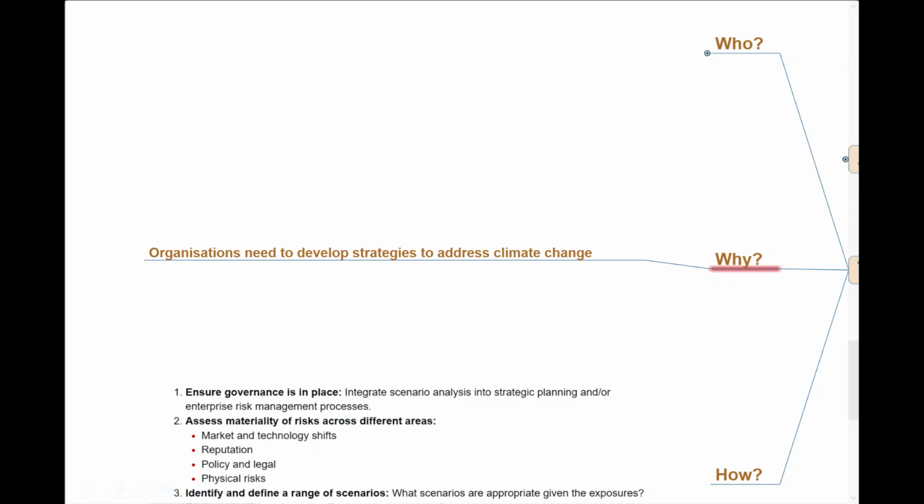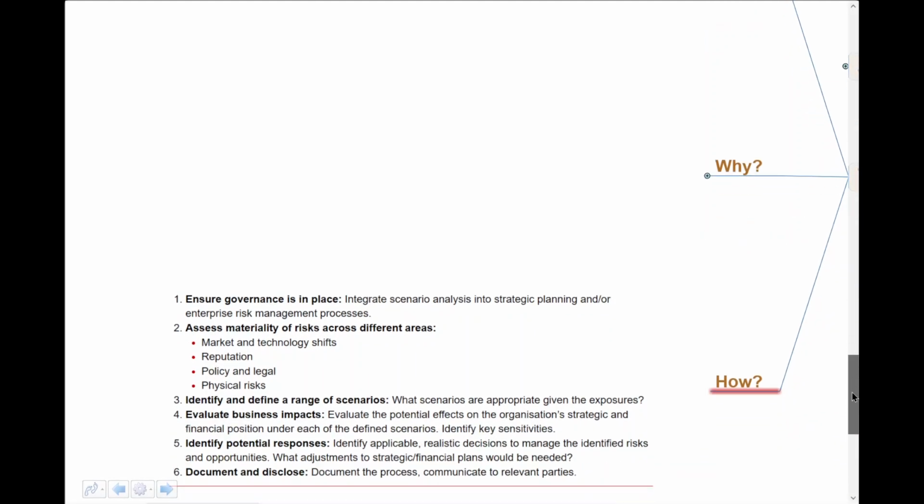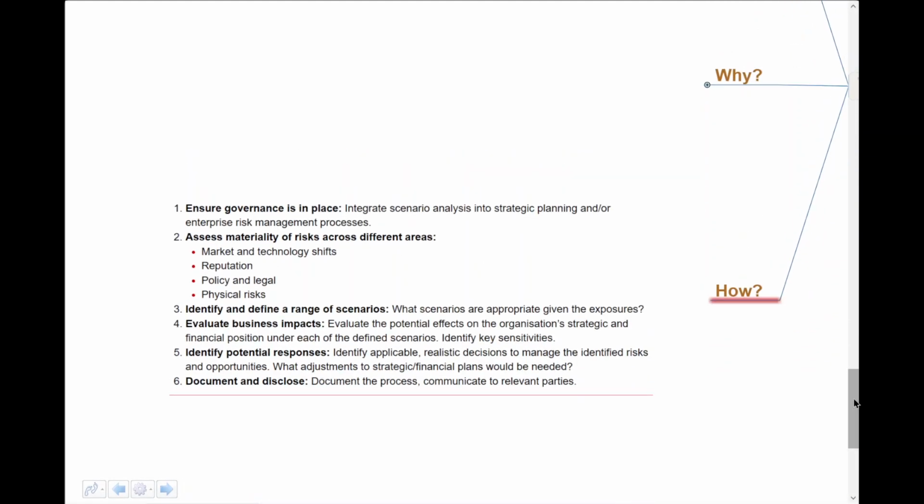Obviously, businesses in the main exist for profit reasons, to generate profits, but we cannot ignore, and this task force doesn't want us to ignore, the impact of businesses on the climate and the whole area of climate change. So what we're doing here is taking this task force's view, because they put forward several suggestions in relation to how scenario planning can tie in with that.